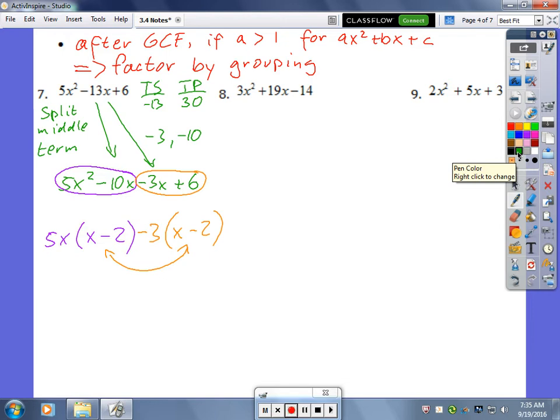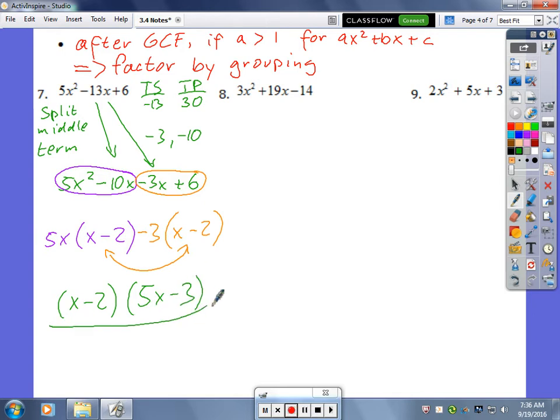So we now have a factored form, which is (x - 2), which is the parentheses that we already found twice, and another set of parentheses, and that will take all the leftovers. In other words, (5x - 3). And this is a final factored form. Well done, you guys.